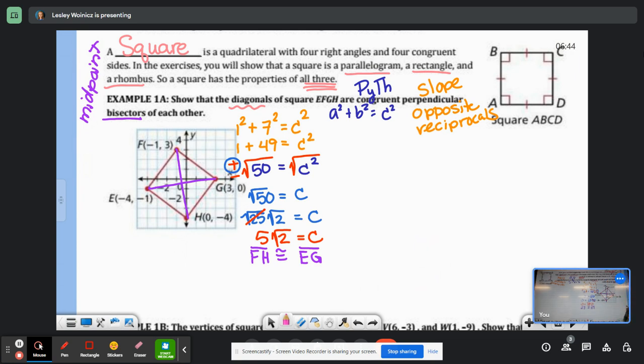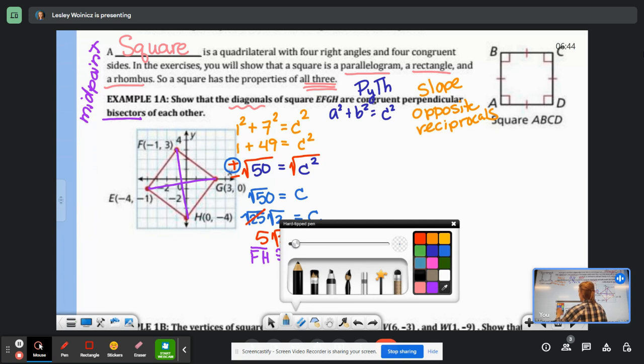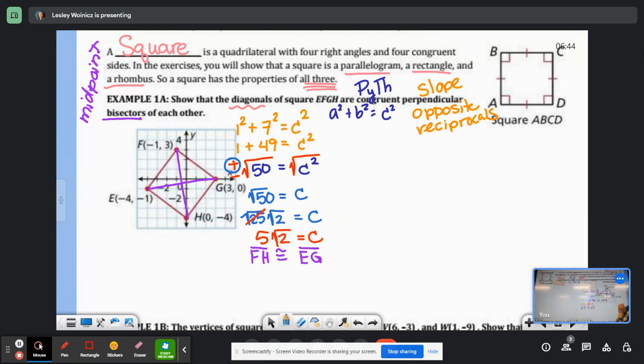Okay. Now we have to show that the diagonals are opposite reciprocals. So let's find their slopes. The slope of FH is down 7, right 1. M for FH is down 7, right 1, rise over run, so that's negative 7.